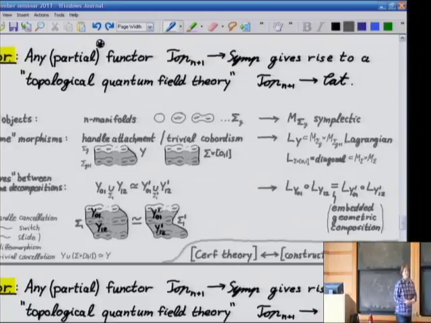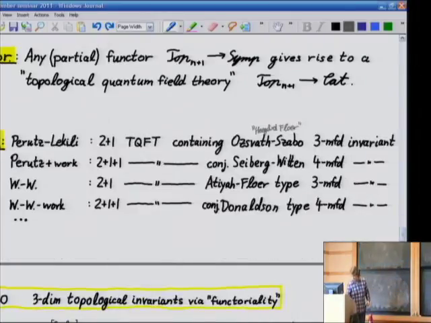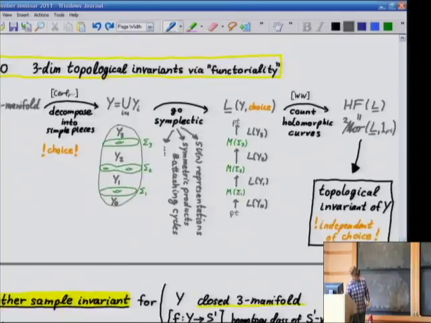So that is like the upshot that I can give here. So here's that picture again. Right, there's the decomposition going on. That's Cerf theory. You get into this cobordism category.